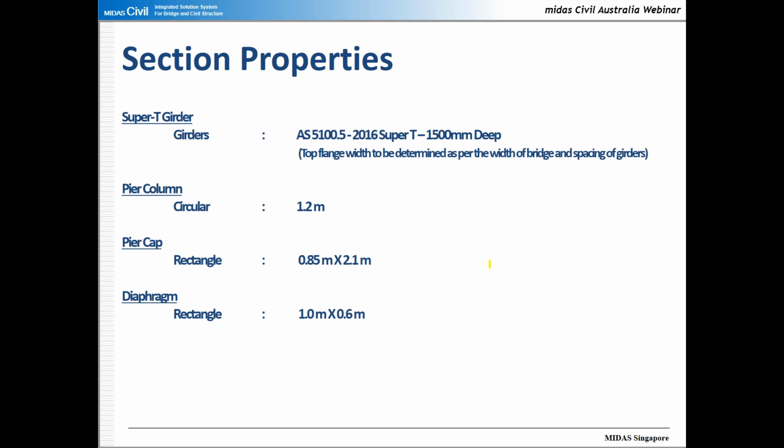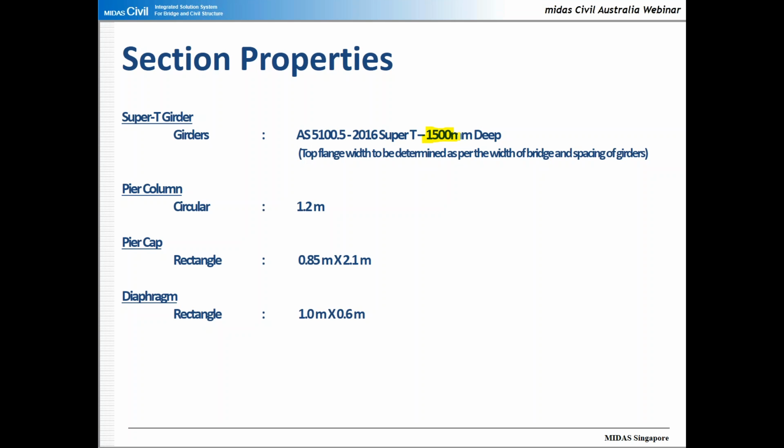Now talking about the section properties, we will use the Super T girders. Since the maximum span length is 36 meters, we can choose the depth of the Super T girder accordingly. We can choose the Super T girder to be 1500 mm or 1800 mm deep. It is upon us to decide what depth of the Super T girder that we want to use.